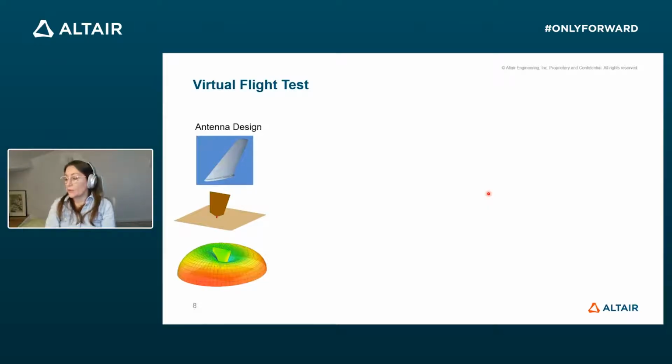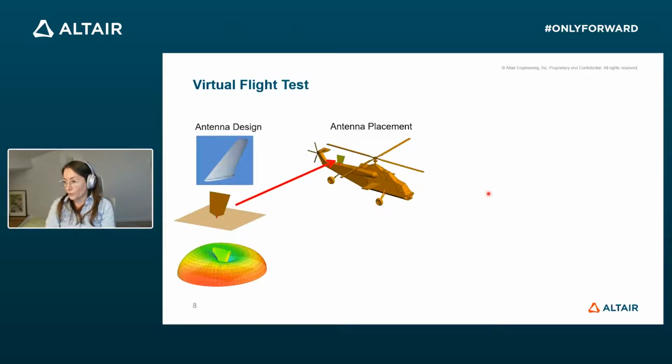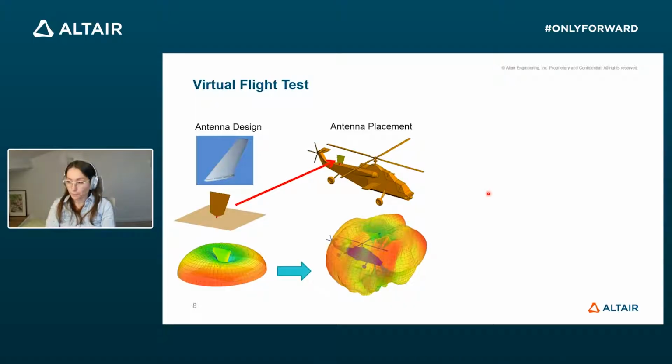But then you can also move on to computing the radiation pattern once it is put on a platform. For example, in this case, we have a blade antenna, which was placed on a helicopter. And then you are able to see the radiation pattern which results from this positioning or this placement.